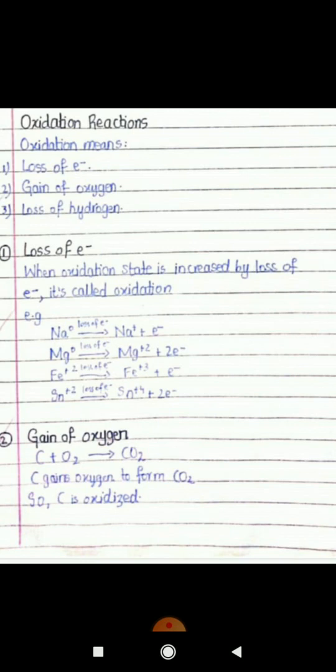In the third example, Fe plus 2, that is iron 2, can lose 1 electron and be converted into Fe plus 3. In this case, the oxidation state is increased from +2 to +3, so it is an oxidation reaction.